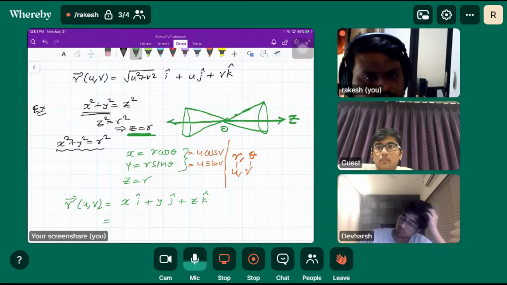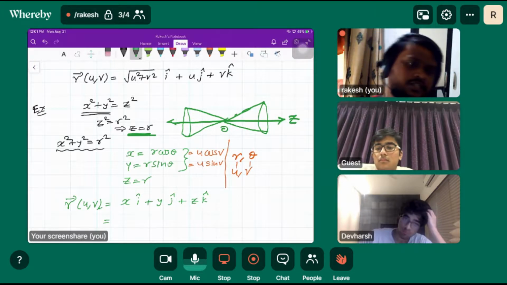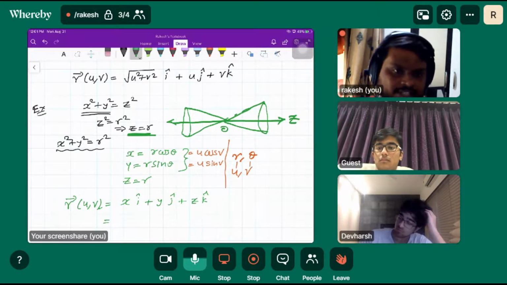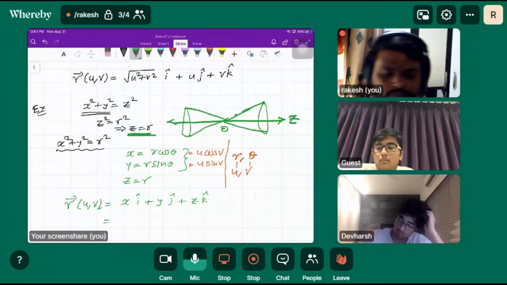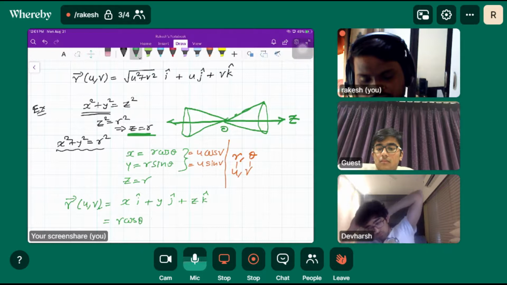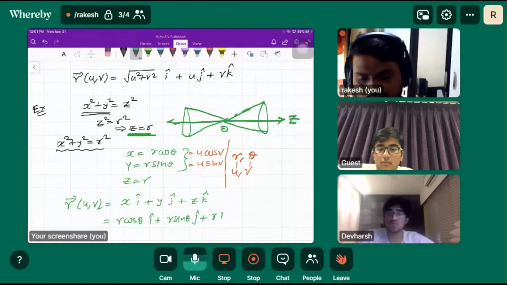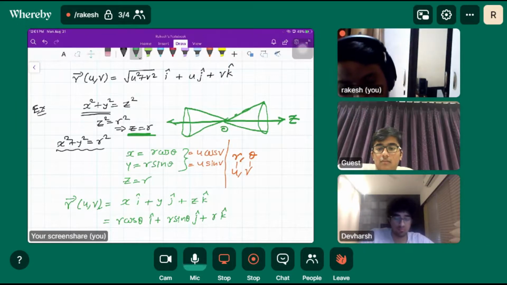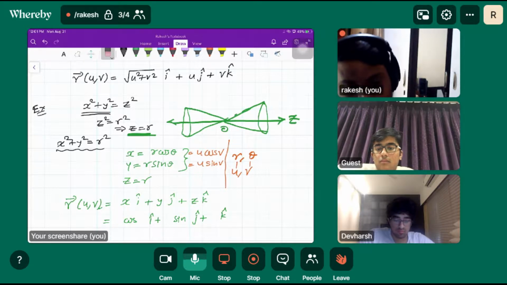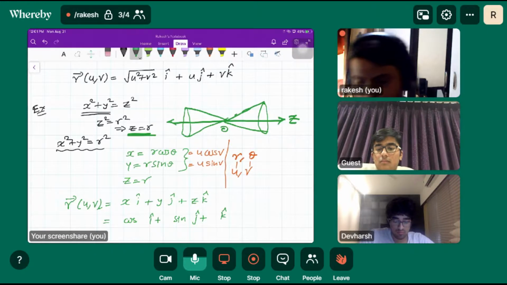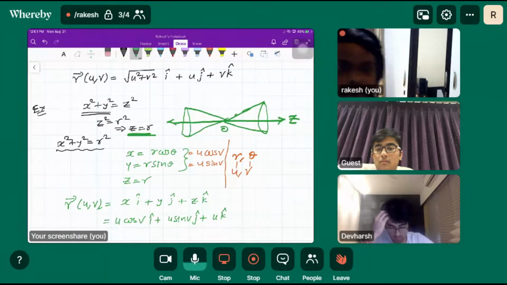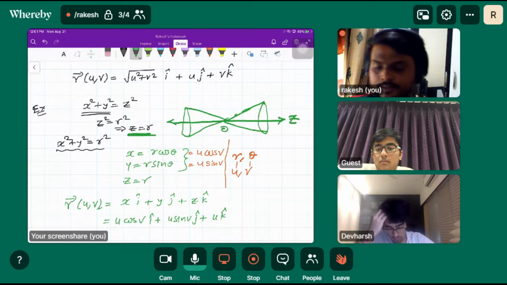Any confusion here? Instead of taking r, theta, I am taking u, v. That's it. So x i cap plus y j cap plus z k cap becomes u cos v, u sin v, and u.